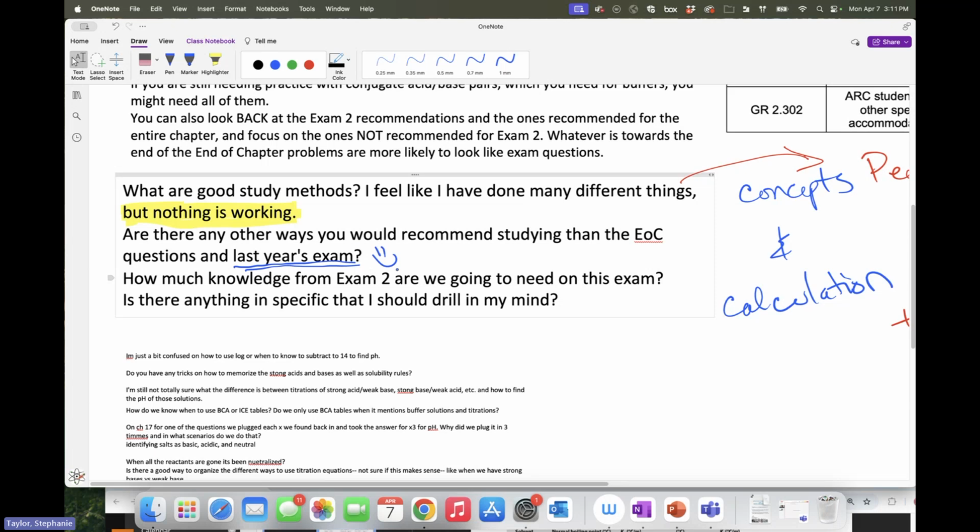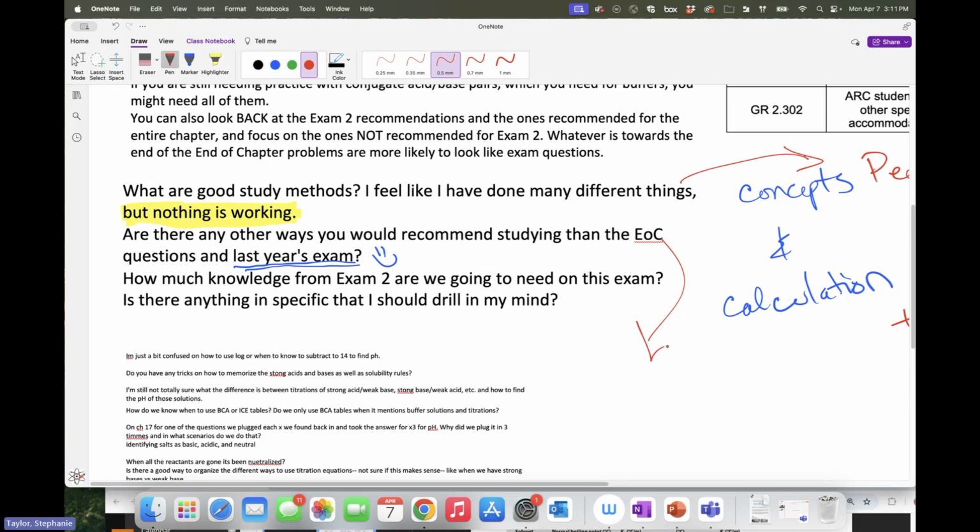But as far as instructor-wise, we wrote questions over a certain block of material, and that block was the same this year as last year. Again, I don't know what we threw off because it's been too long, but that will definitely help.